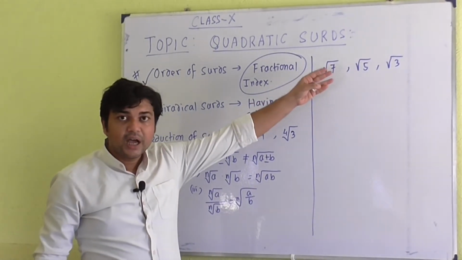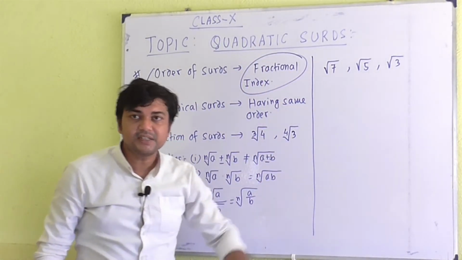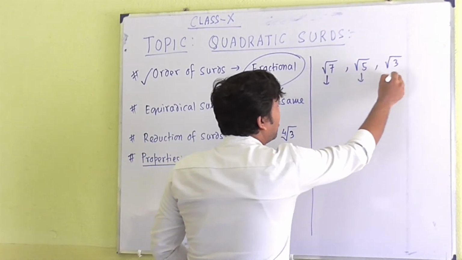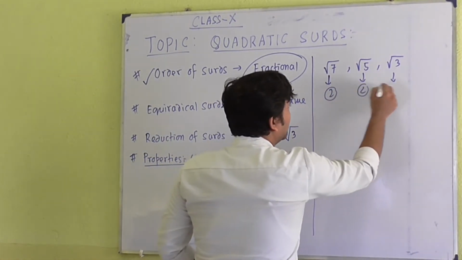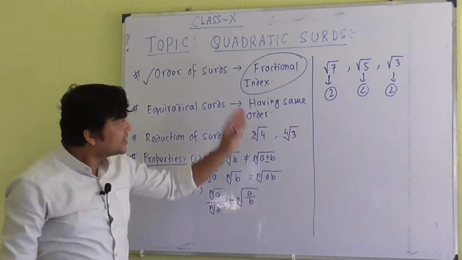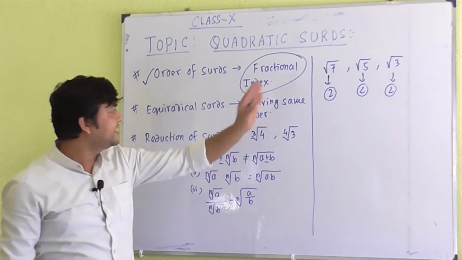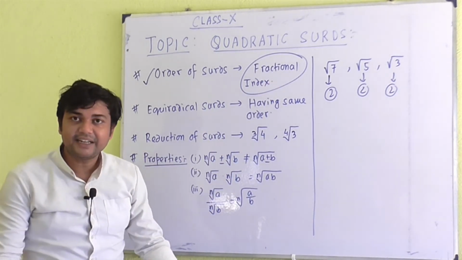If you remember the previous discussion, the order of these surds in all the cases is 2. So, they are surds of the same order. Naturally, they will be treated as equiradical surds.